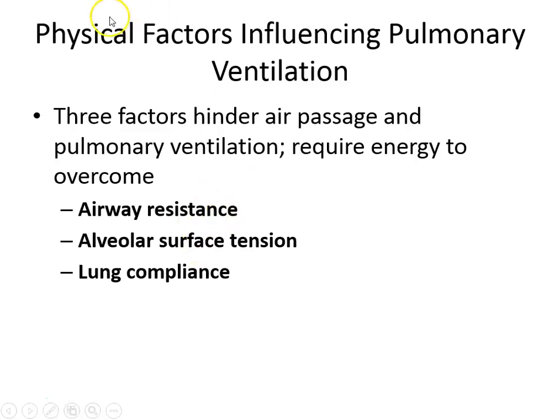Okay. Now let's look at those factors that affect us bringing air in and out. What, other than changing the pressure, can alter how air is moving? First, airway resistance, or friction, our alveolar surface tension, and our lung compliance, how stretchy they are.